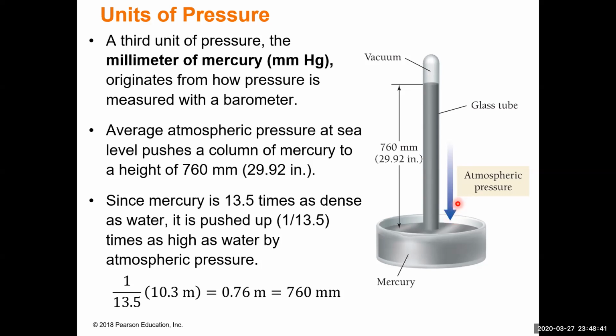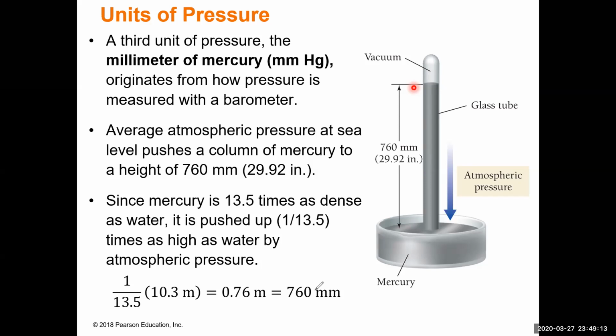And this pressure that's exerted onto the mercury ends up pushing up the mercury to a height of 760 millimeters. And 760 millimeters, if we were to convert that into inches, is 29.92 inches.